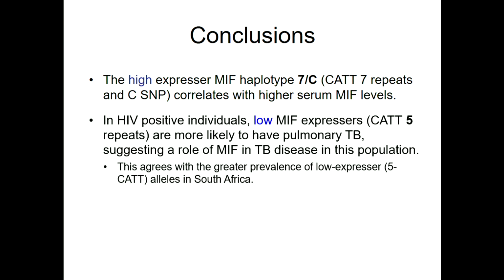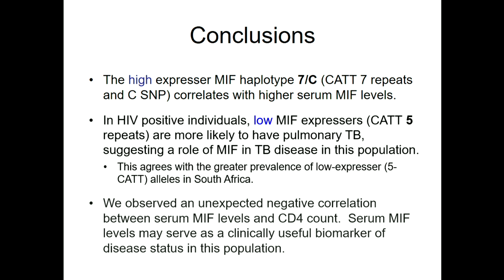And this really agrees with the greater prevalence of the low expressor 5 repeat CATT alleles in South Africa. And lastly, we had this unexpected negative correlation between serum MIF levels and CD4 count. So serum MIF levels may serve as a clinically useful biomarker of disease status in this population.